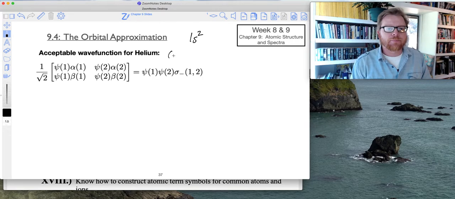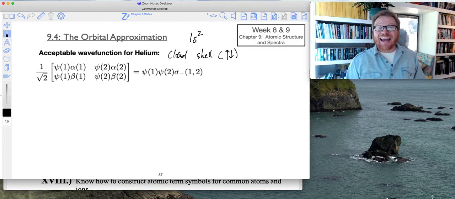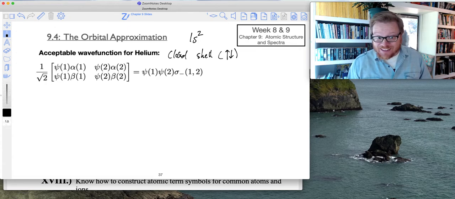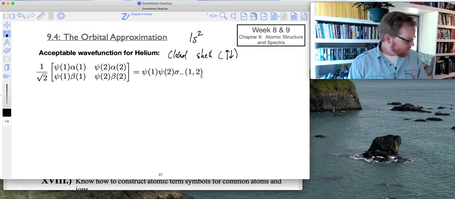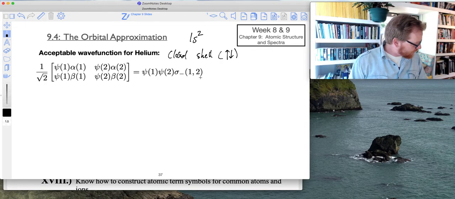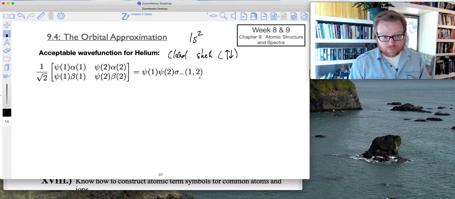So helium is a closed shell atom that must be described by a singlet spin state, which means its wave function has to be sigma 1, sigma 2, sigma minus 1, 2. And where does all of that come from?